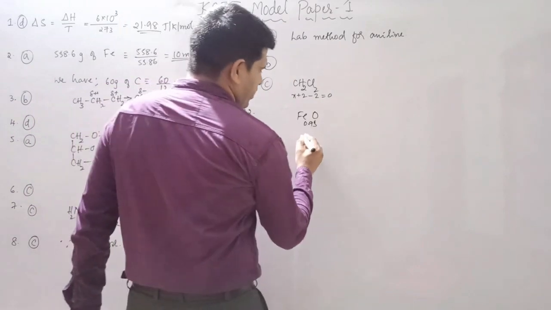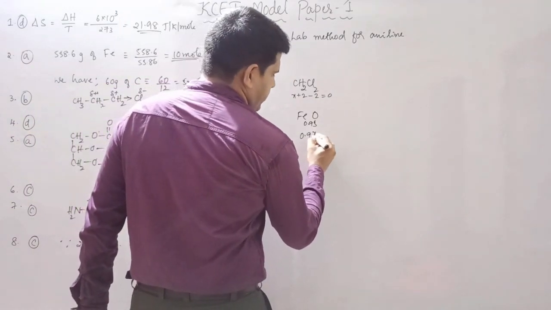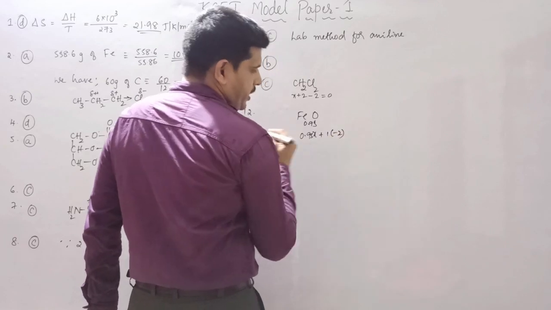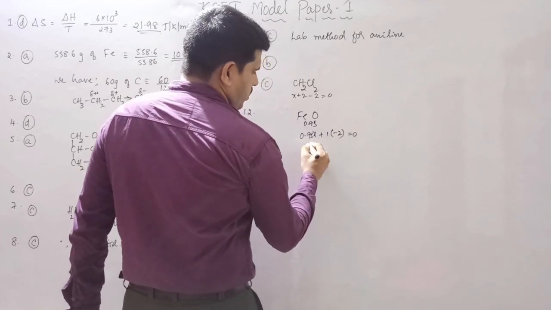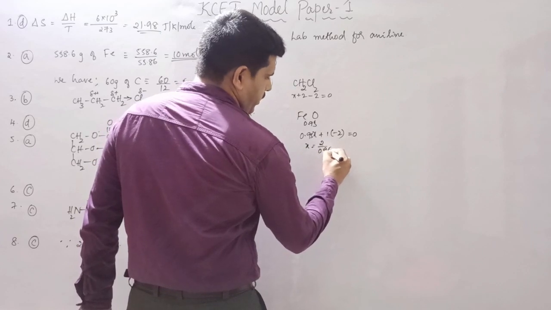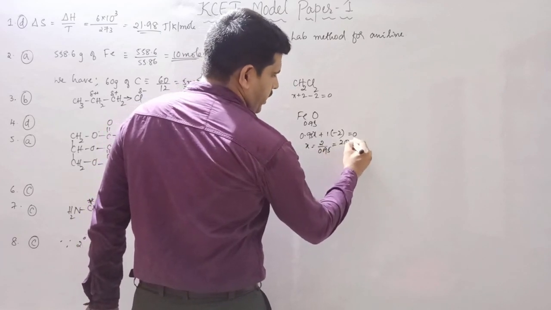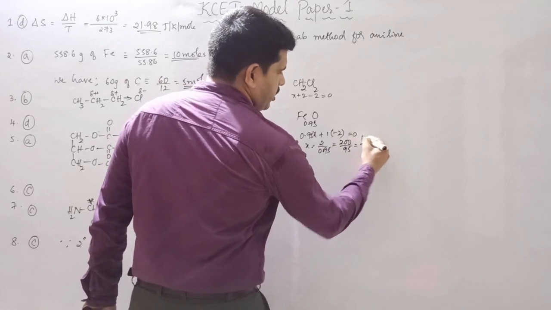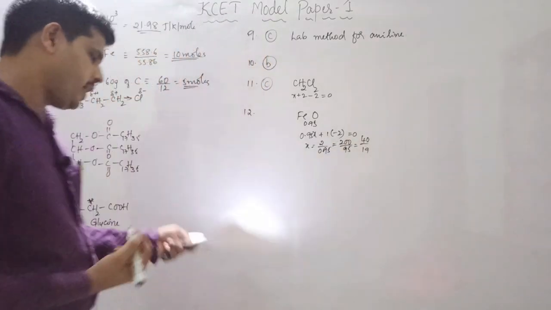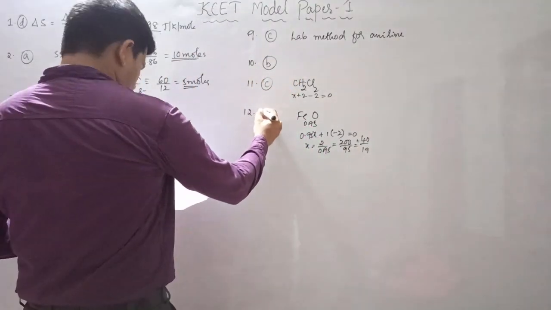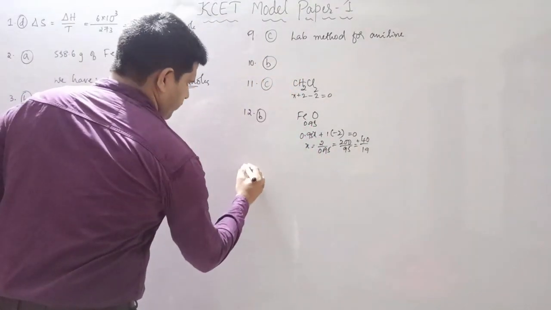So what you can do is 0.95x plus 1 into oxygen minus 2 equal to 0. So x equals 2 divided by 0.95, right, which is nothing but 200 by 95, which is nothing but 40 by 19, with the sign plus. Am I right? So option B is the right choice.